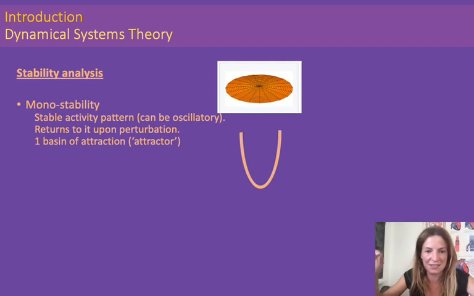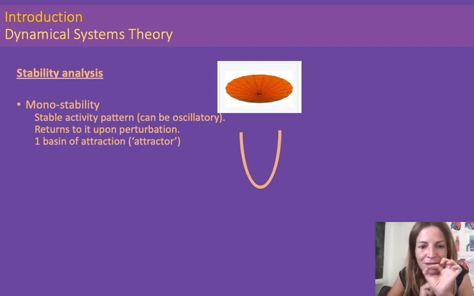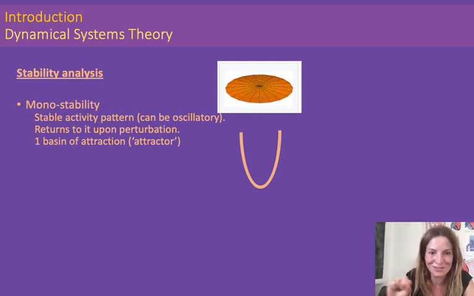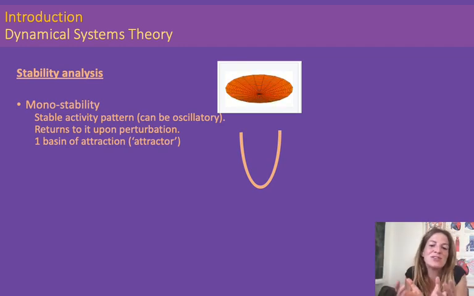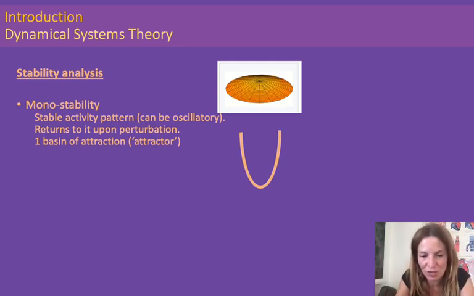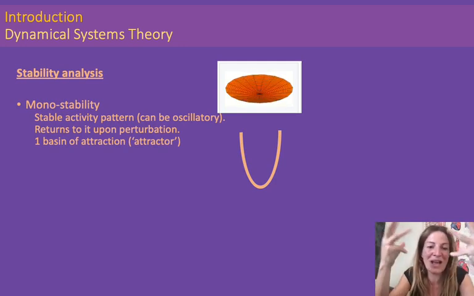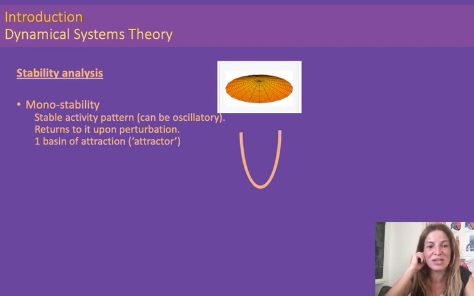It's not just a static point, it's not a fixed point attractor, it's an oscillatory attractor, so it's dynamic. It usually returns to it upon perturbation, so if we perturb the system a bit, it will return to this state. So we say it has one basin of attraction. It is like a well of attraction, and it's also called an attractor.